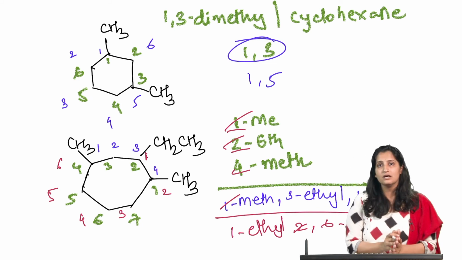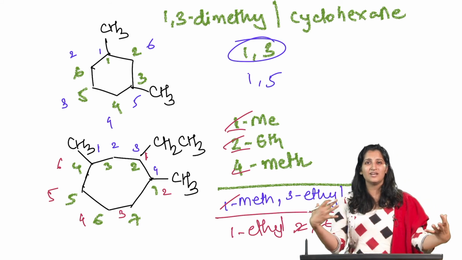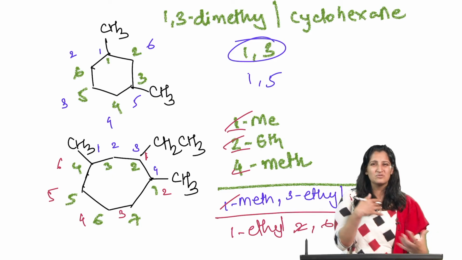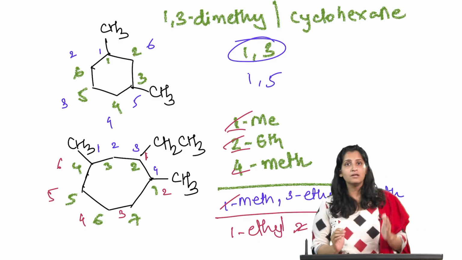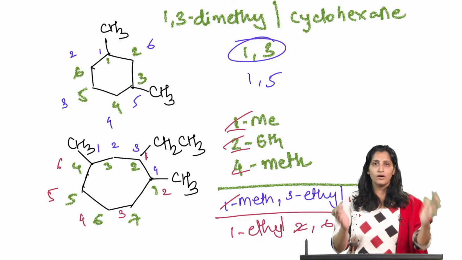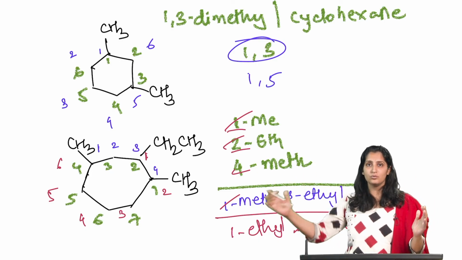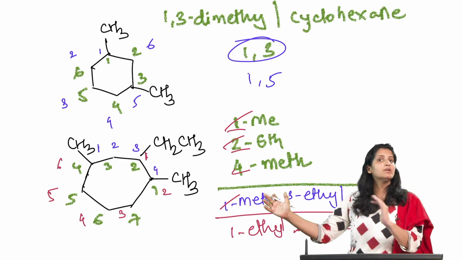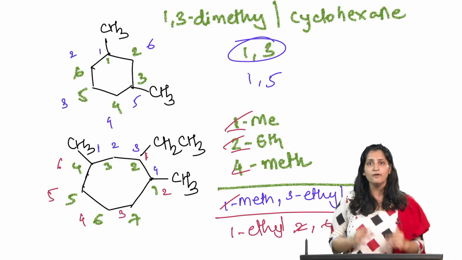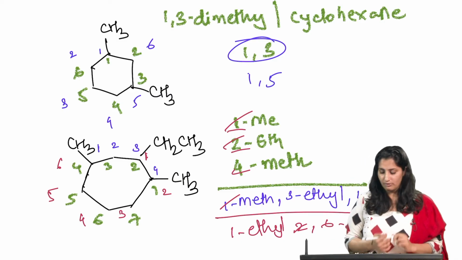Many a times I see students making a mistake where they try to add these numbers up and look at the sum. That is not the right way. Always remember that you want to go number by number, 1, 2 and 4 versus 1, 2 and 6. 1 and 2 tie with each other. So, now I debate between 4 and 6. That is the right way of figuring out which one is the better way of numbering.